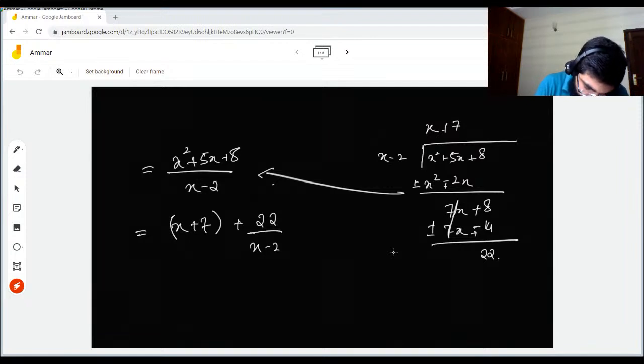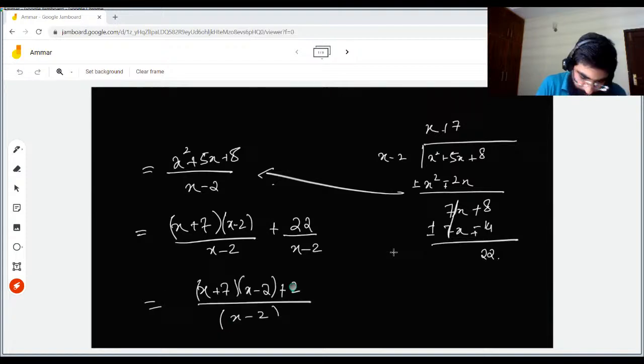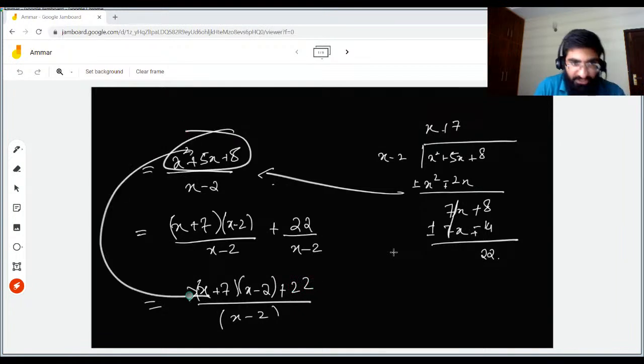Because if I had been given this second fraction, let me just write them. I would put x minus 2 by x minus 2, and then it will become x minus 2 times x. This thing is equal to x plus 7 times x minus 2 plus 22, right?